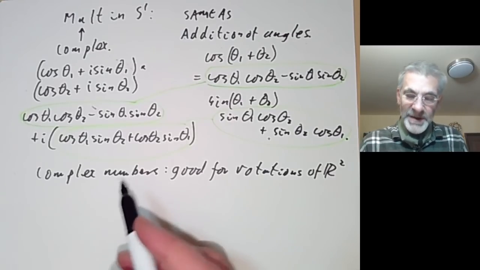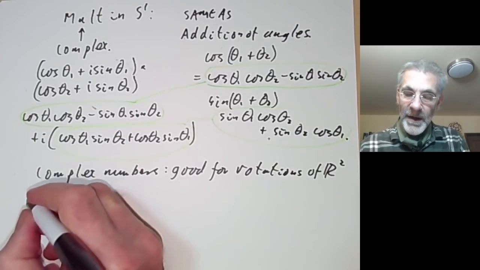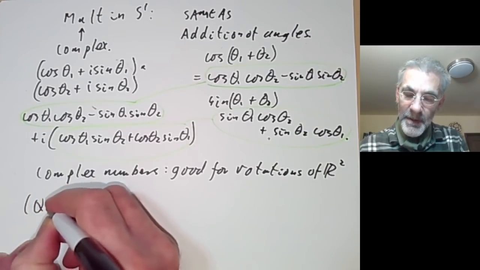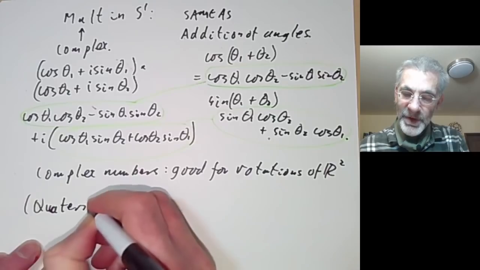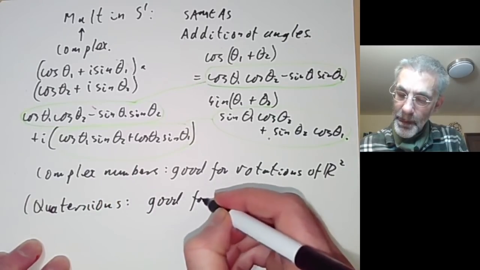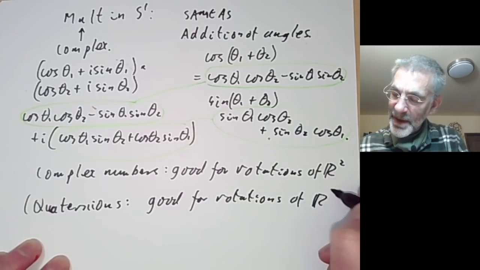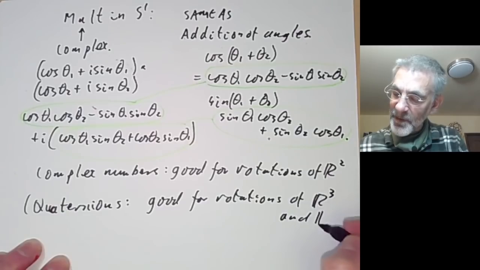So complex numbers are a good thing to use if you want to study rotations of the plane. Incidentally, quaternions that we mentioned briefly last lecture are good for rotations of 3-dimensional space and also even 4-dimensional space.